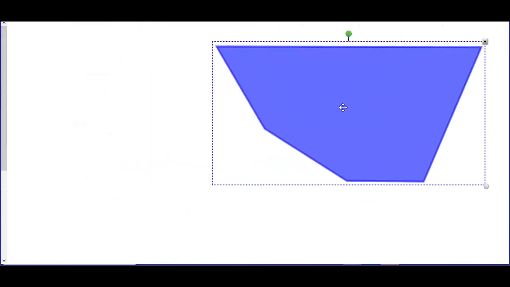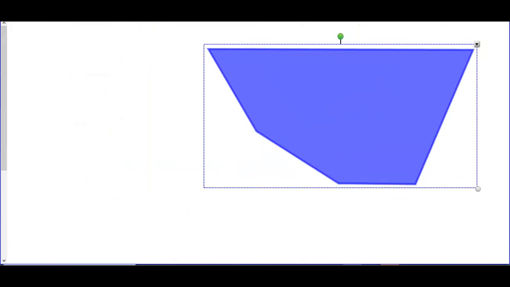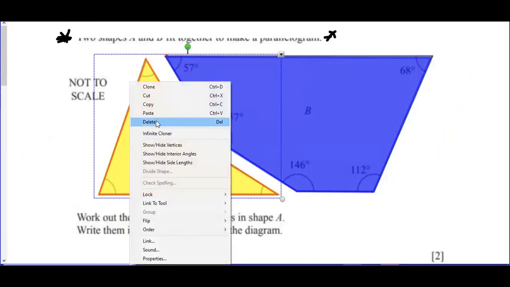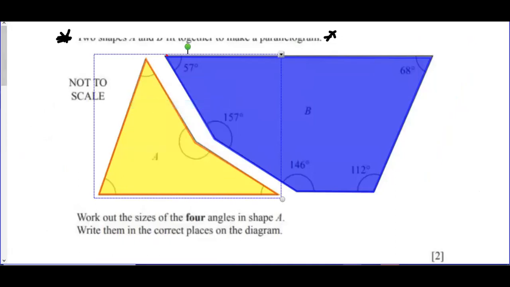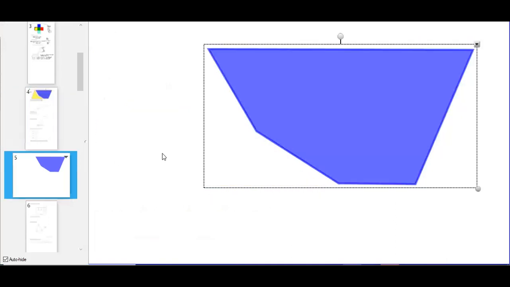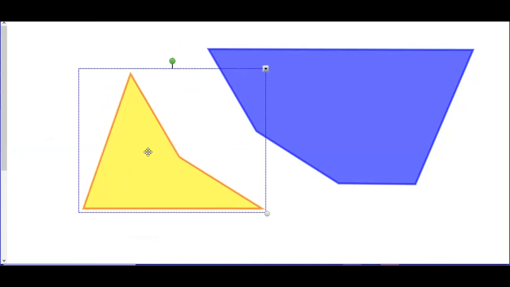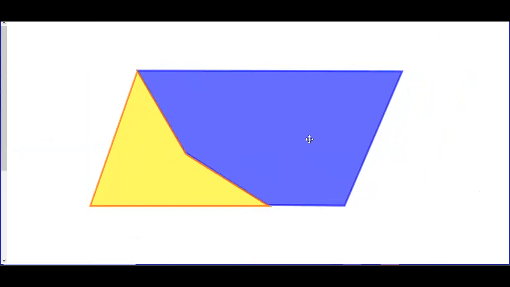So this is shape B. Take shape A and copy that. Now they're saying these two shapes, when we combine them, fit together to make a parallelogram. Can you see that? When you combine them, they form a parallelogram.